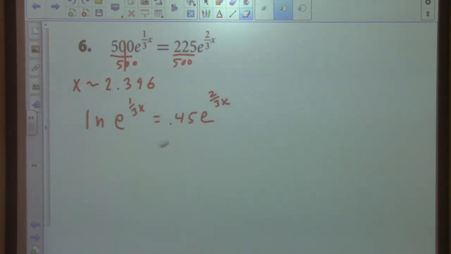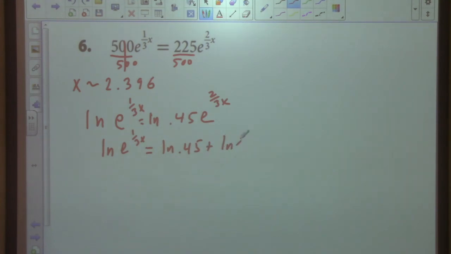And I also separated 0.45 by e, so it'll be ln 0.45 and ln e to the 2/3 x. So on the left side you got ln e to the 1/3 x equals ln of 0.45 plus ln of e to the 2/3 x. And then you move the 2/3 and 1/3 in front of it.